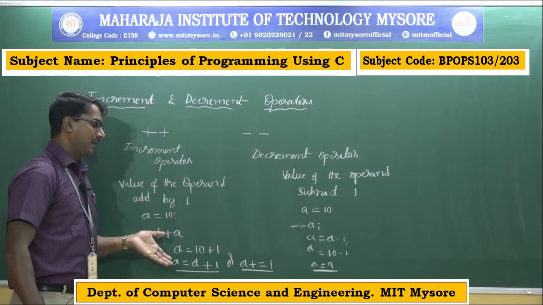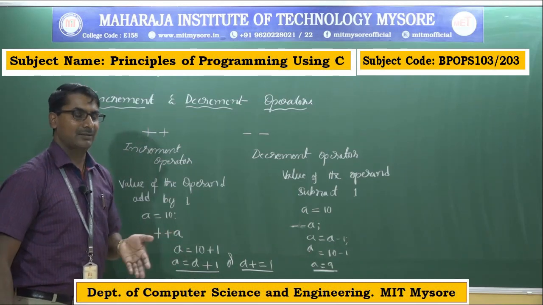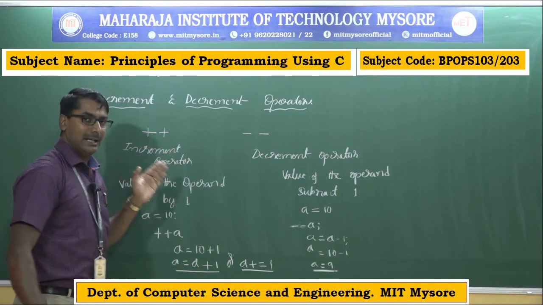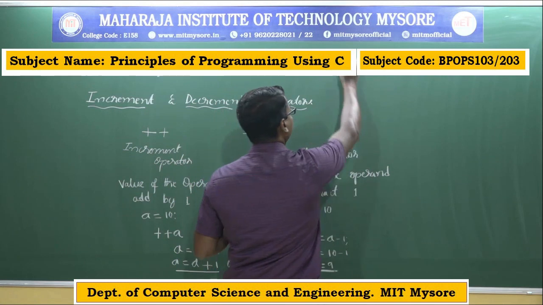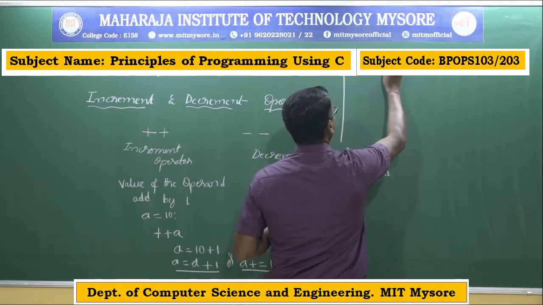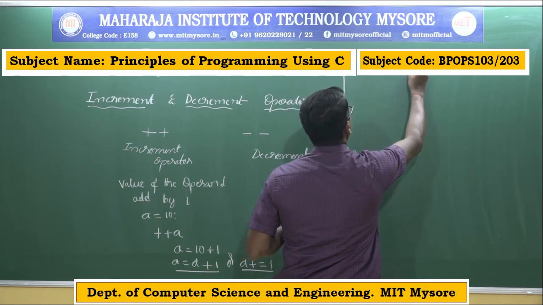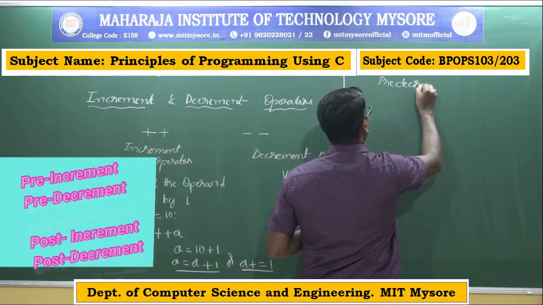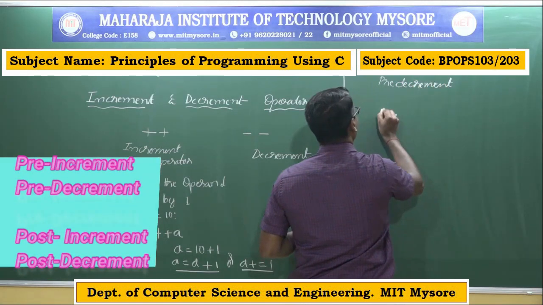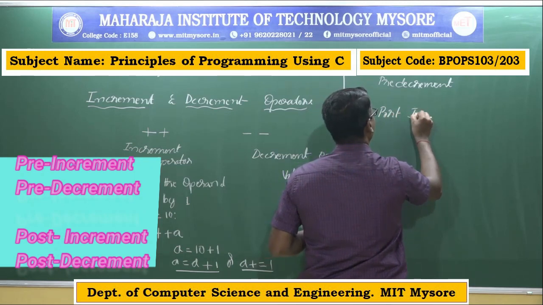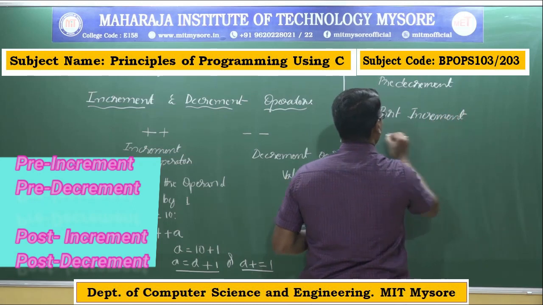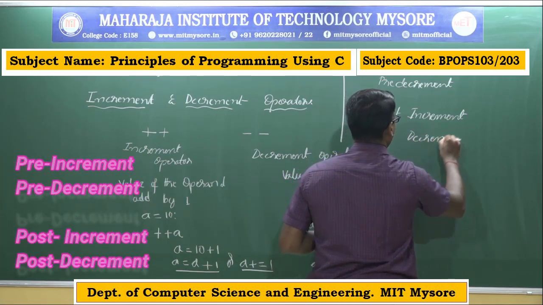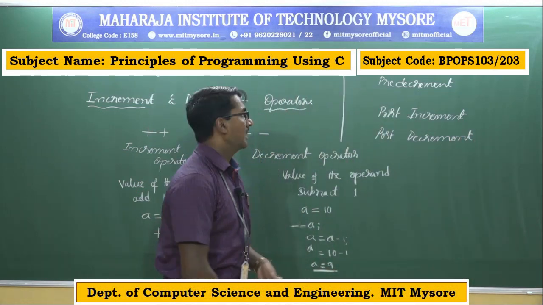This increment and decrement operator we use in loop control statements, like the for loop or while loop, for iteration purposes. Increment and decrement operators are classified into two categories: pre-increment and pre-decrement, and post-increment and post-decrement.